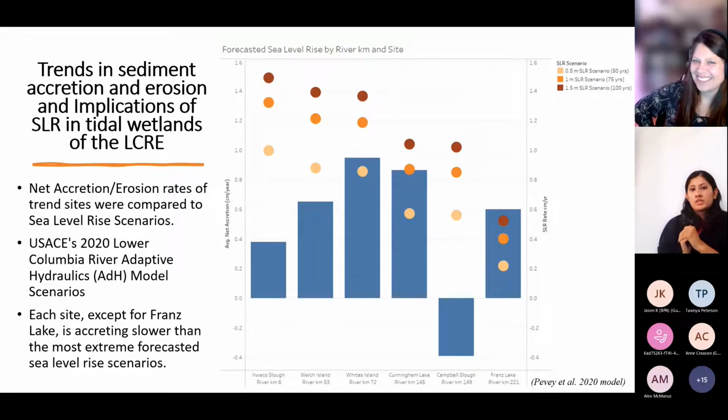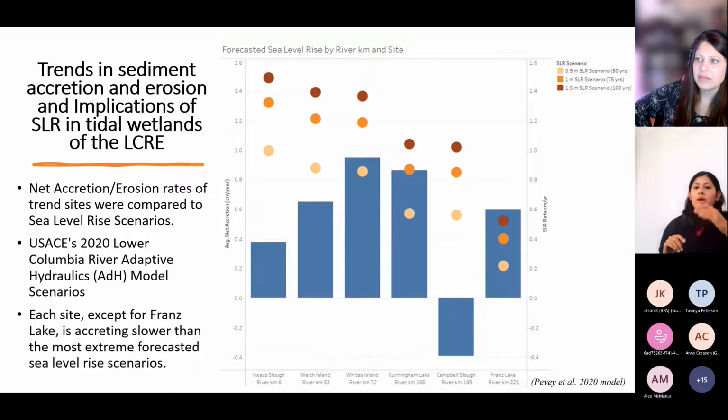Another aspect of this study will be understanding how our tidal wetlands are keeping pace with sea level rise. For this study, we used the US Army Corps' adaptive hydraulics model, which provides sea level rise in meters across 50, 75, and 100 years.